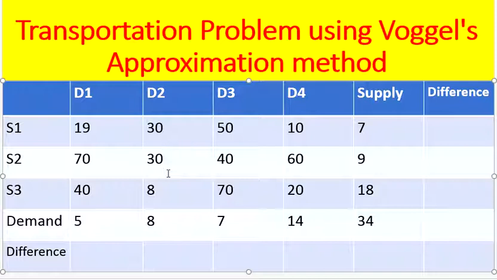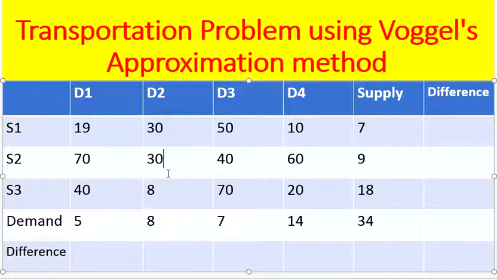Suppose it comes in a column. In that column we choose the lowest cost and assign as much as possible according to demand and supply, and then change the demand and supply. If it is a column, then we have to modify the supply: supply equals supply minus demand.